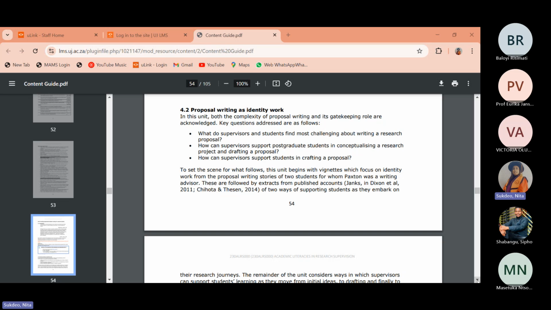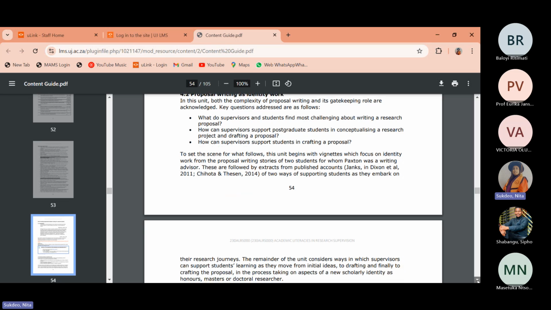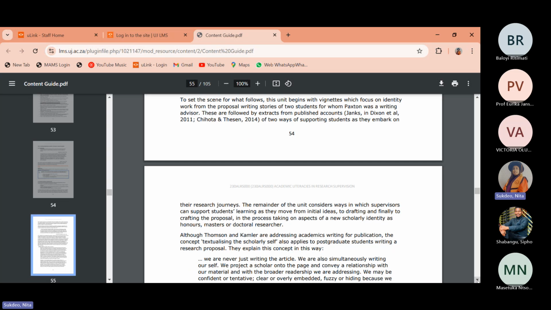So if you have been in the situation of being a supervisor, current supervisor, new supervisor, an existing supervisor with a bit more experience than the rest of us, how do you start this research journey with the proposal?